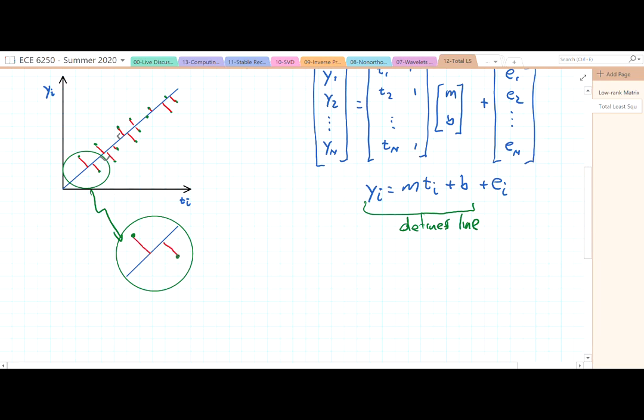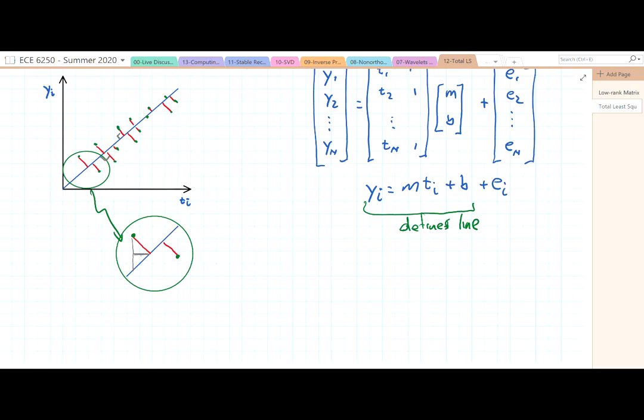So the first thing you note is that there's assumed to be some error on the y-axis. But the other thing to note is that there's also error on the t-axis in this particular case. So where is t? T is our sample points.